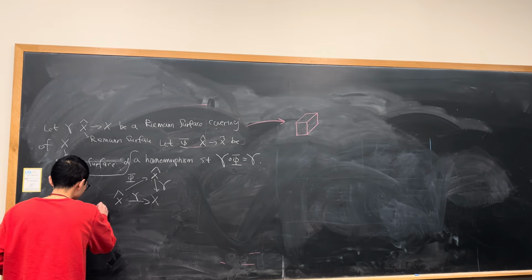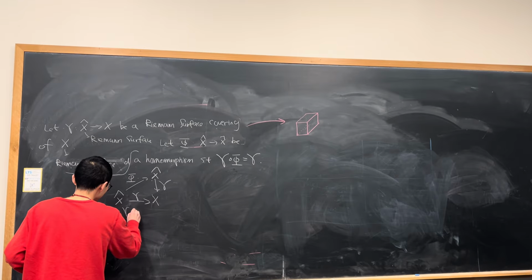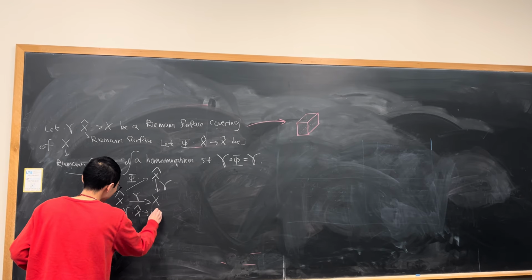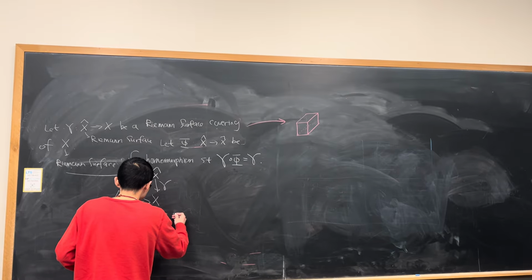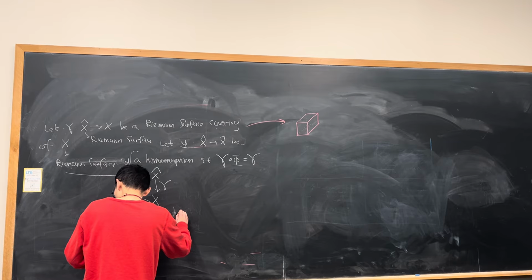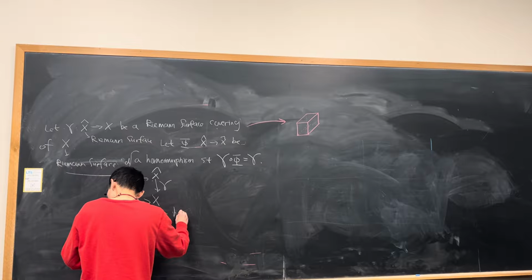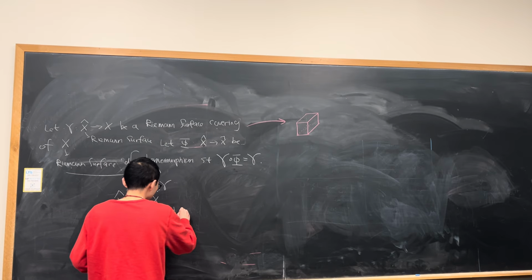So we know that this gamma from this x hat to x basically is holomorphic, right? It's holomorphic.